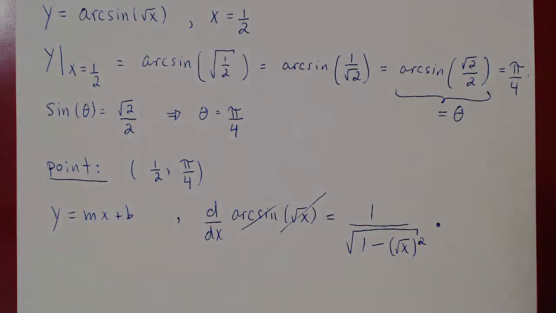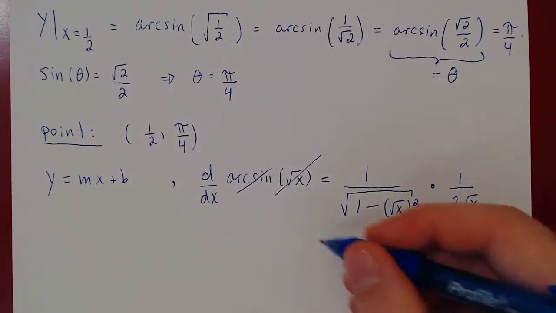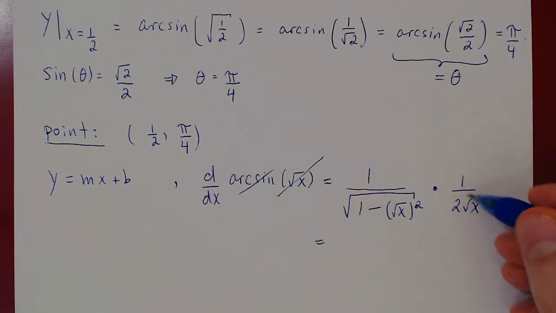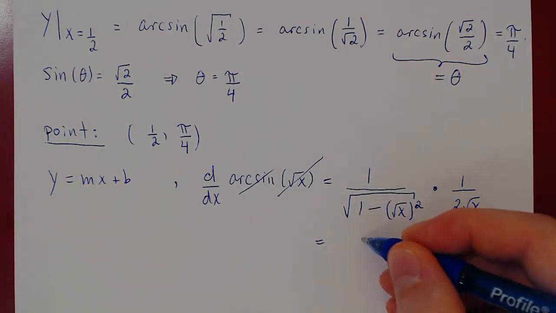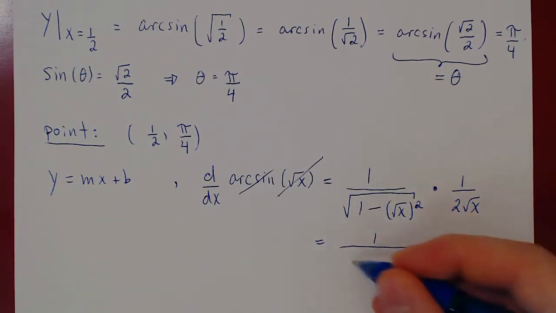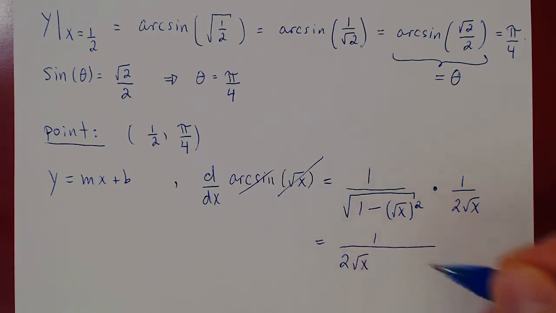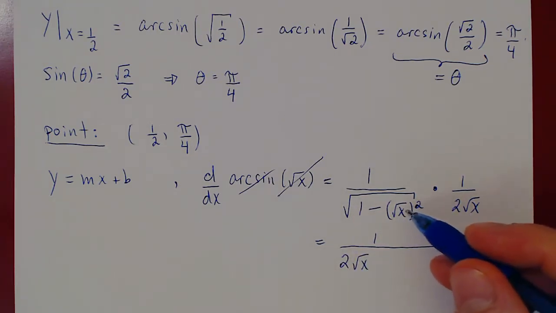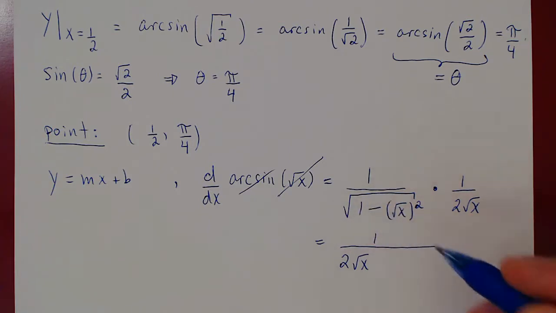And the derivative of root of x is 1 over 2 root of x. We can simplify this quite nicely. I'll write the 1 over 2 root of x first. And the root of x squared is simply x, so what we have here is root of 1 minus x.